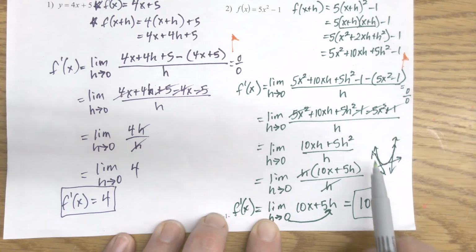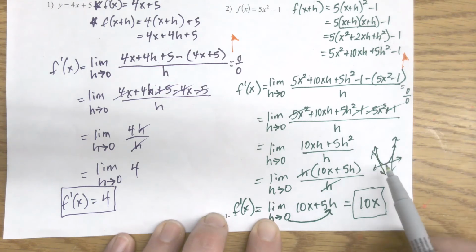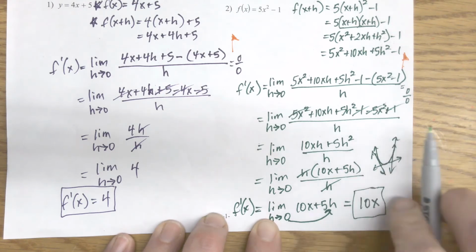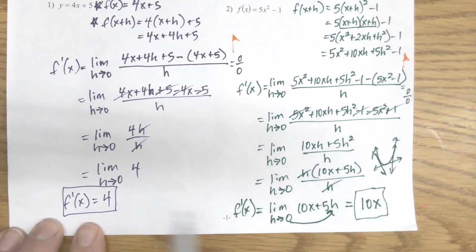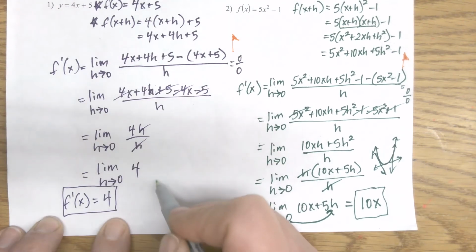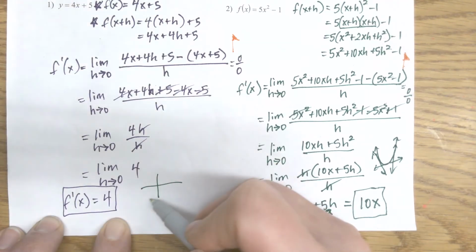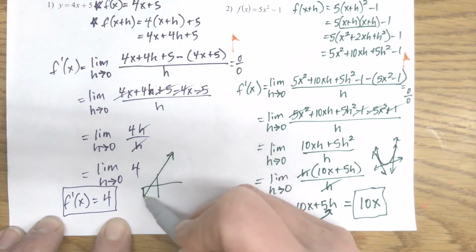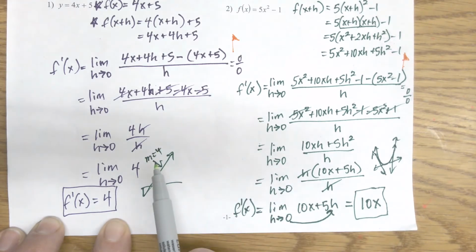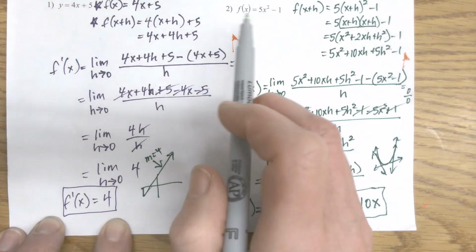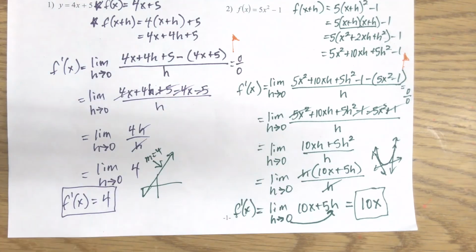If I plug in something negative, on this side of it, I'll get a negative. If I plug in something on the right-hand side of the vertex, I'll get a positive slope. The original function of the previous problem is just a line with a slope of 4, and so no matter where I draw the tangent line, the slope is going to be 4. So it all really depends on the original curve.